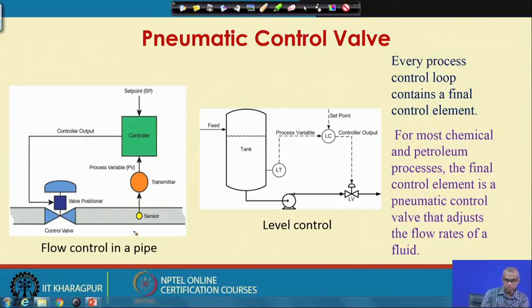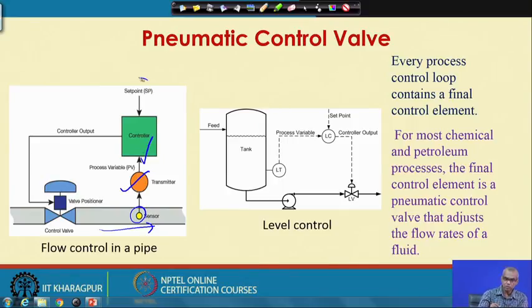Here, let us say there is a flow through this pipe. I want to control this flow rate. So, I take a flow sensor, measure the value of the flow rate, and that value is transmitted to the controller using a transmitter.